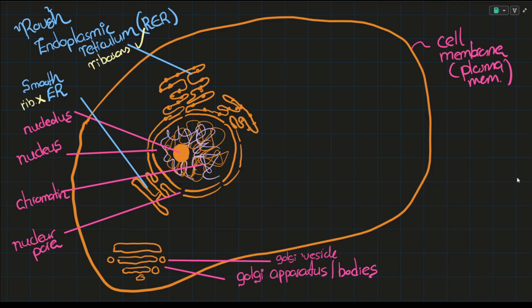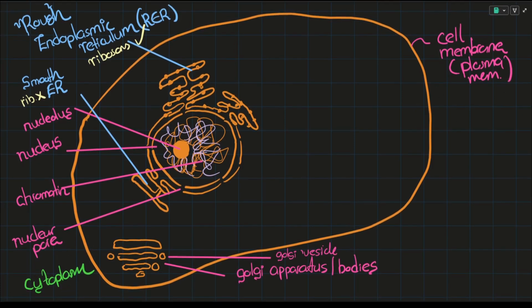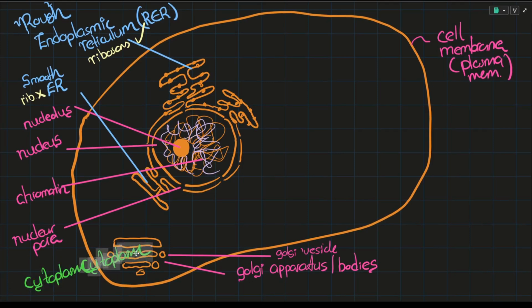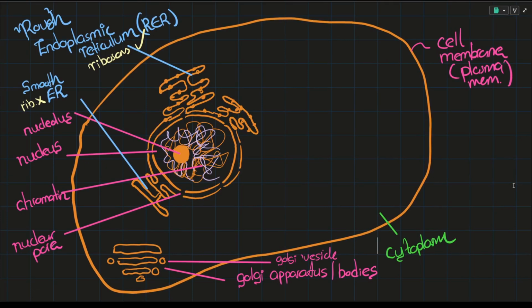And something very interesting that we're almost going to miss every single time is this: the cytoplasm. I don't know why I wrote it in a corner. Let me get it here. And here, obviously, we have the cytoplasm. Any other things?